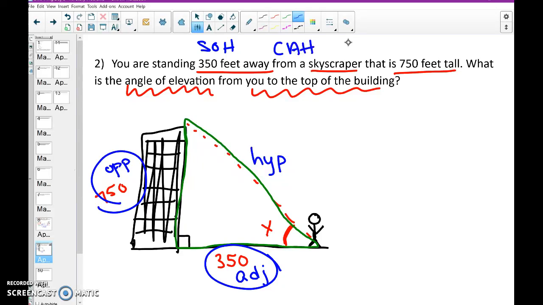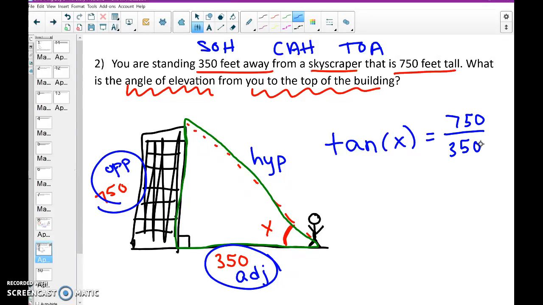If I'm using adjacent and opposite, you've probably already figured out that it's tangent, which is the TOA abbreviation. So tangent of x, I have to go opposite over adjacent, so 750 must go on top, 350 must go on bottom.